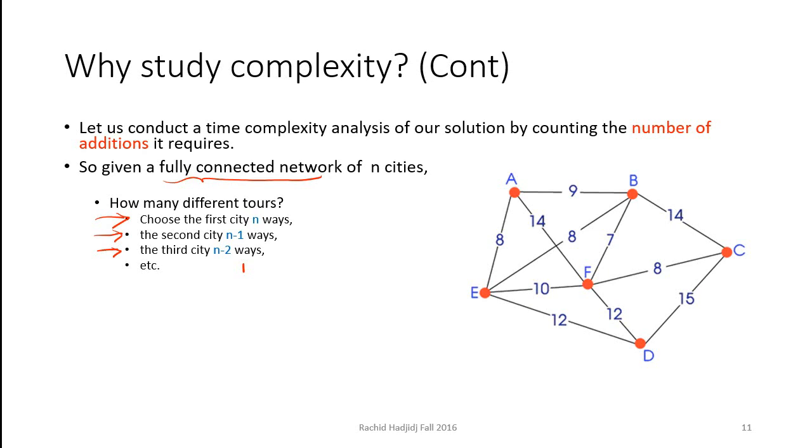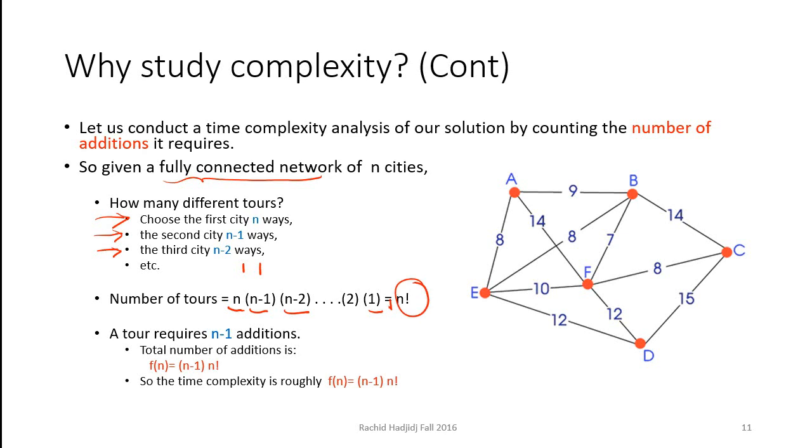We need also to understand that we need to go back to the original city we started from, and for this we're going to have only one choice. So the number of tours is going to be n times n-1 times n-2 up to 1, and then of course we need to multiply by 1 to go back to the original city. And this number is just n factorial.